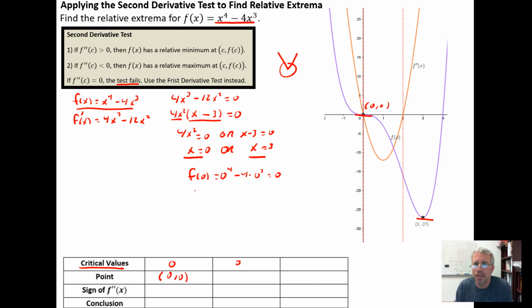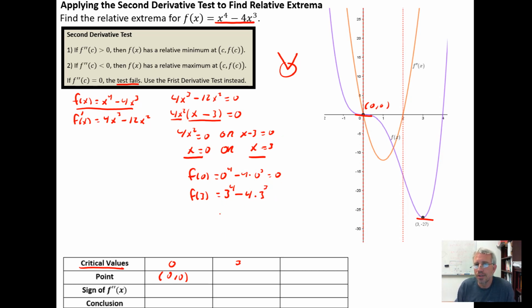And then if we plug x equals 3 into the original function, we get 3 to the fourth power minus 4 times 3 to the third power.